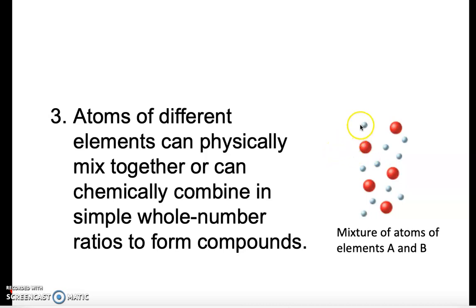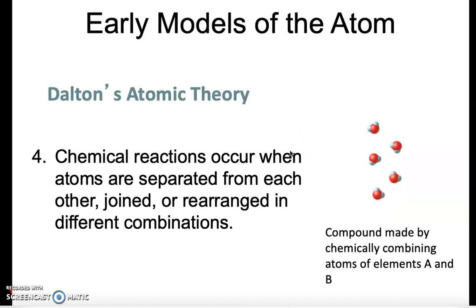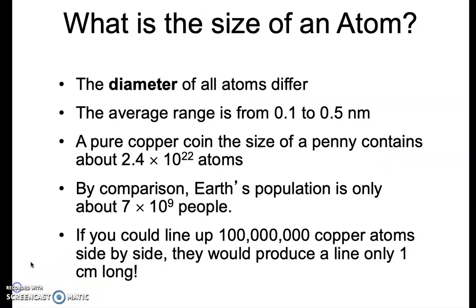So elements are going to come together to form new substances, which are compounds, and we're going to discuss that down the line in great detail. And the fourth one is chemical reactions occur when atoms are separated from each other, joined, or rearranged in different combinations.